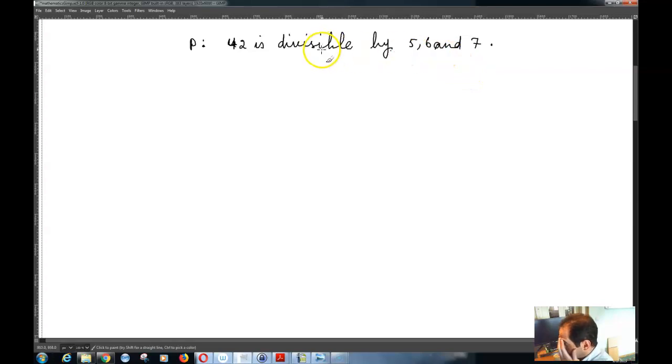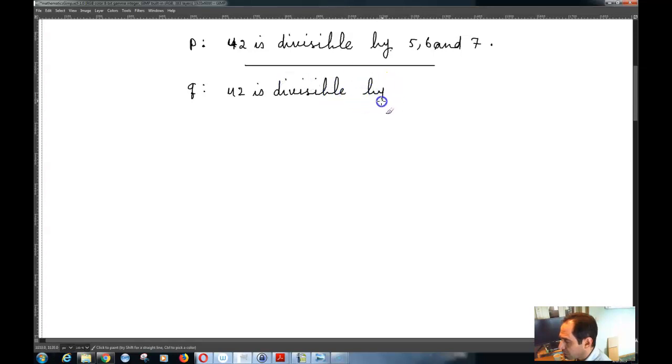So this statement has three components. The components are Q, which is 42 is divisible by 5, R, 42 is divisible by 6, and S, 42 is divisible by 7.